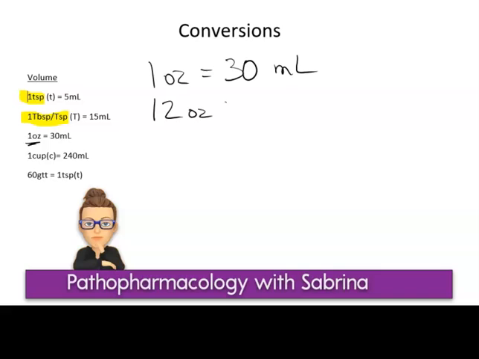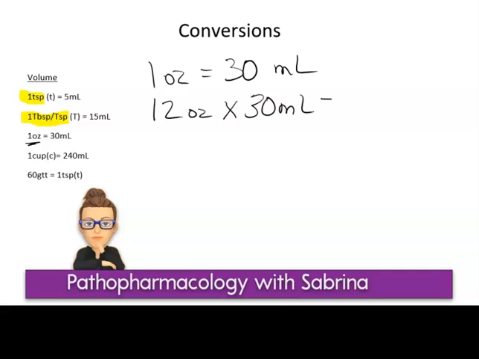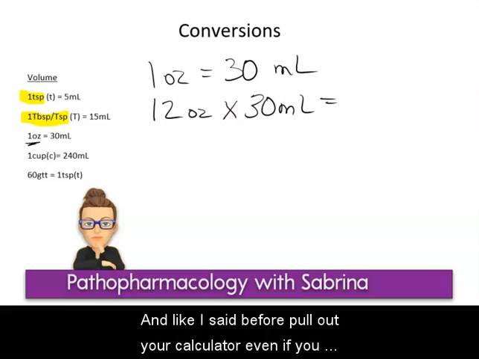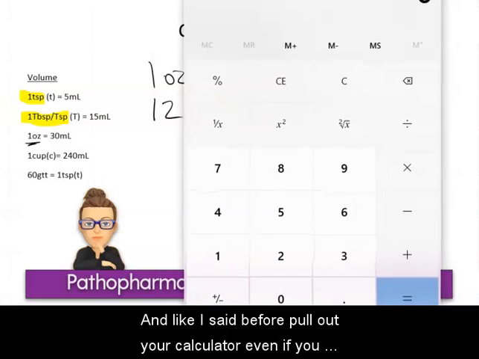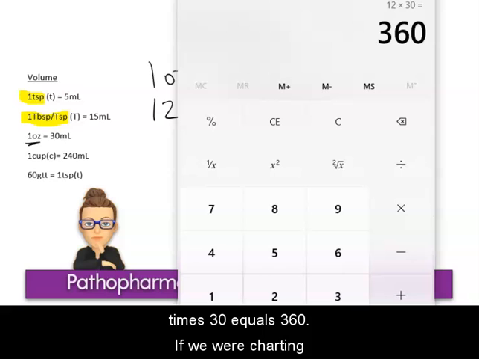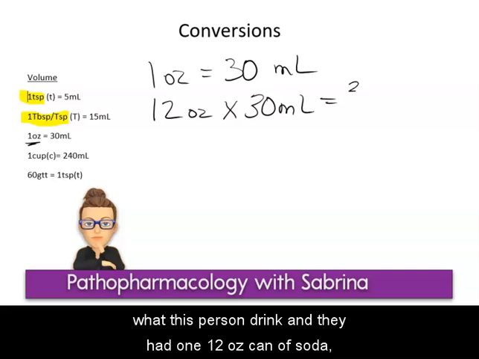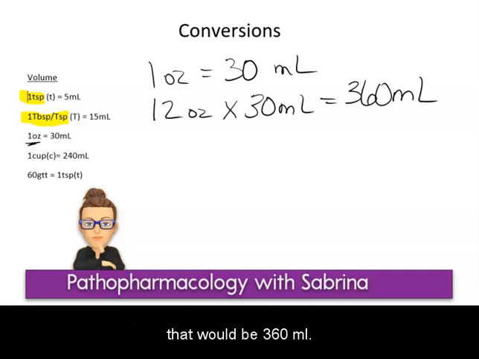We're going to do 12 ounces times 30 milliliters, because we know there are 30 milliliters per ounce. And like I said before, pull out your calculator, even if you can do it in your head. 12 times 30 equals 360. So if we were charting what this person drank and they had 1 12-ounce can of soda, that would be 360 milliliters.